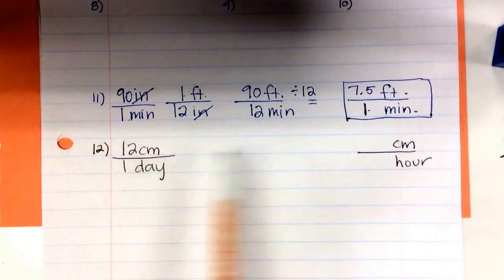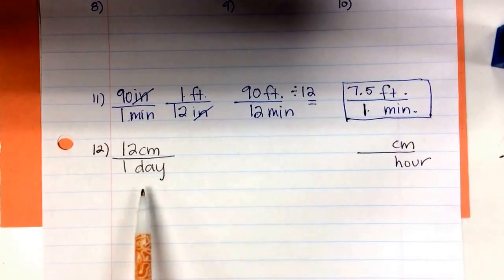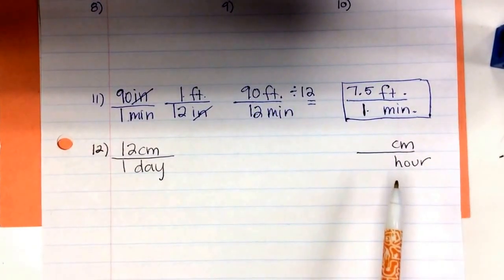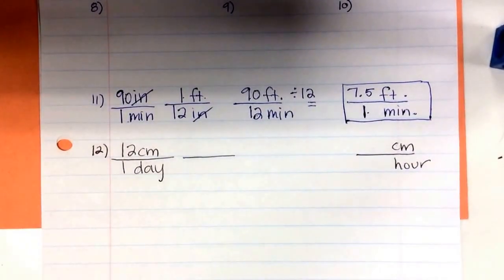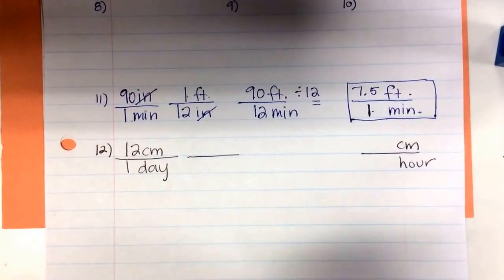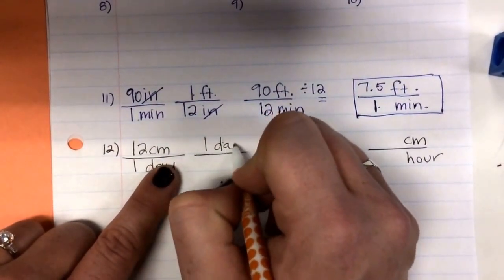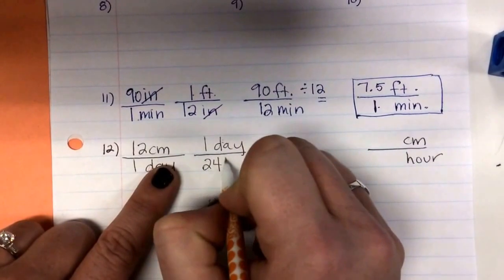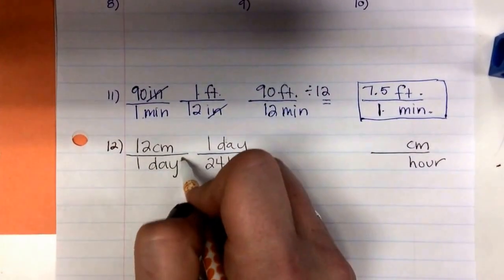No, I've got centimeters and I want centimeters. So that does not change. Does my denominator change? Yes, I want days and I need hours, right? So what do you know about days and hours? 24 hours in 1 day. Our days information goes diagonal. 1 day is 24 hours. Because my days need to cancel out.